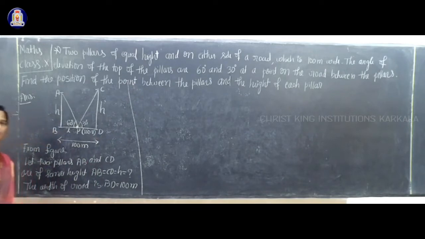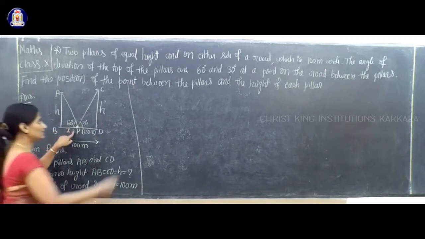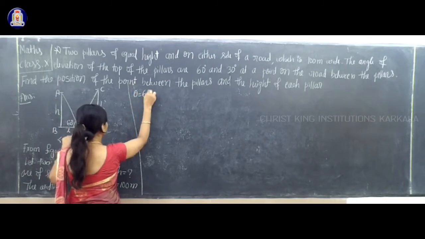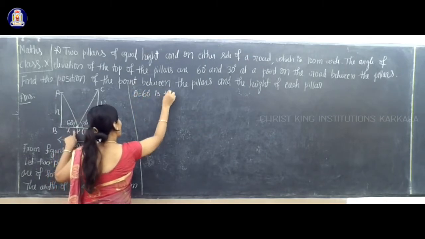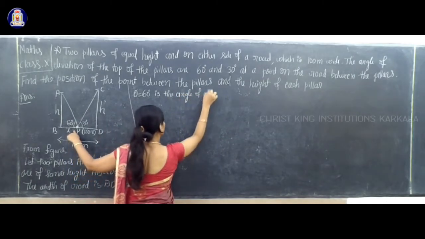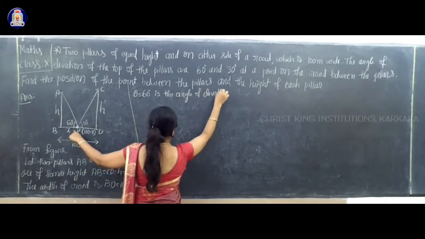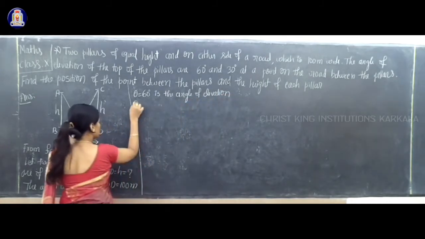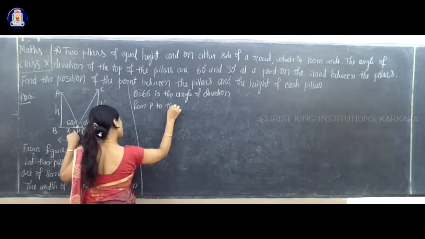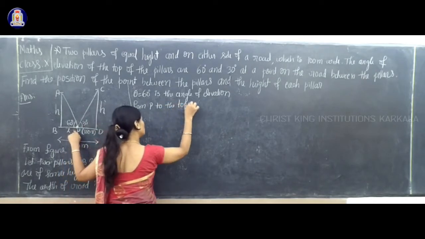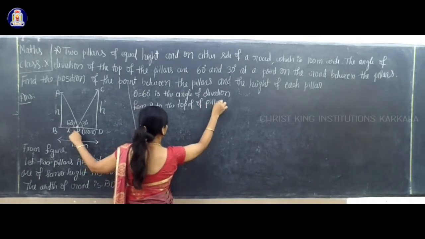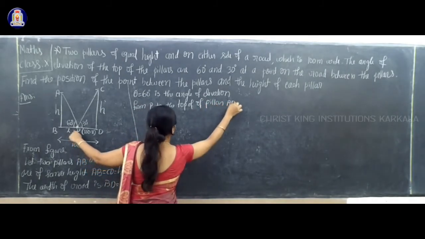Next, theta is equal to 60 degree is the angle of elevation from point P to the top of pillar AB.